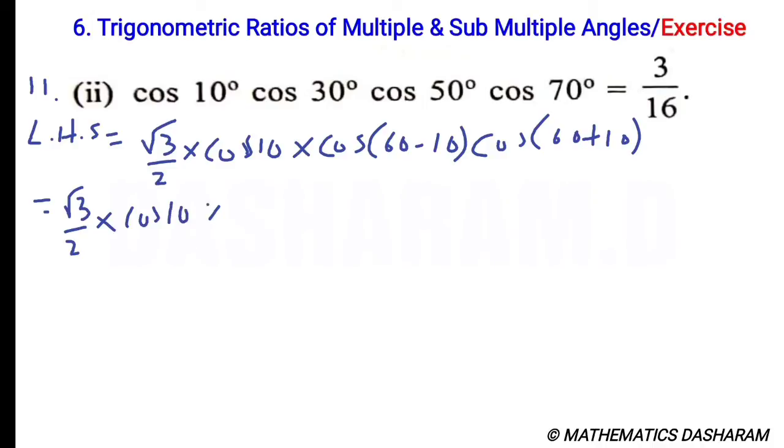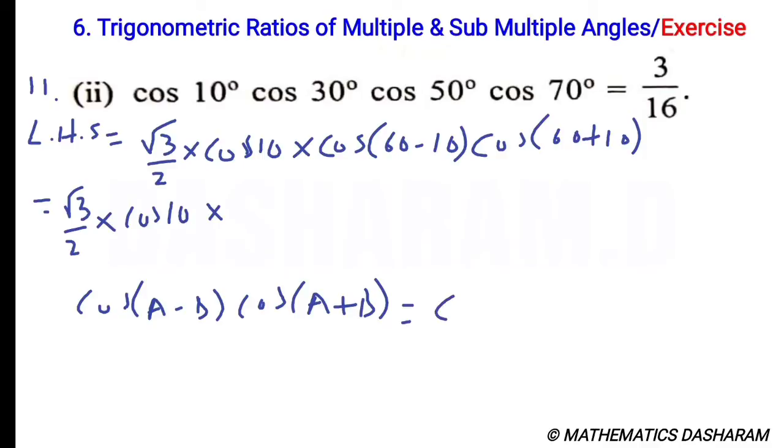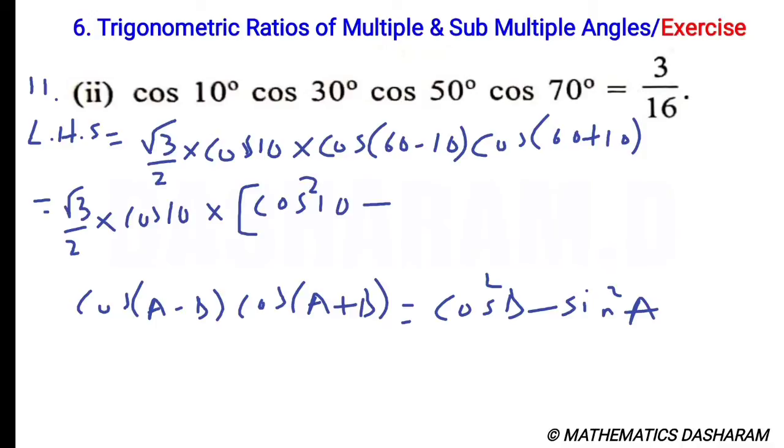we have one formula, cos(a minus b) into cos(a plus b) equals cos square b minus sin square a. So use this formula. So then here, cos square b, b value is how much, 10, minus sin square a, a value is how much, 60.